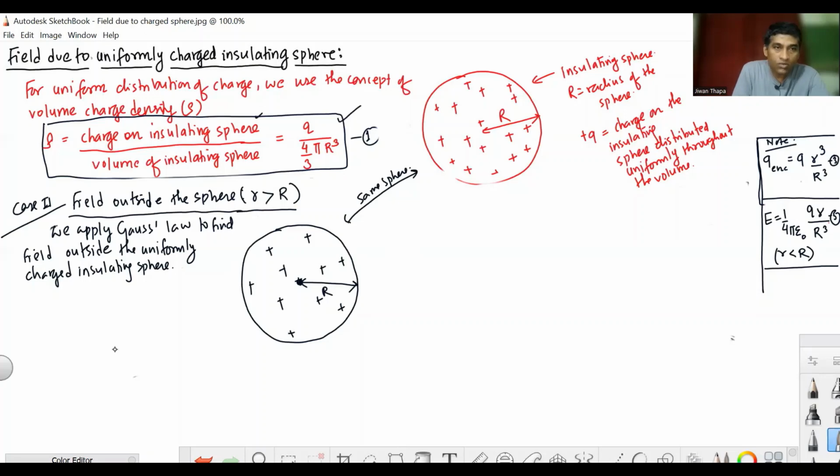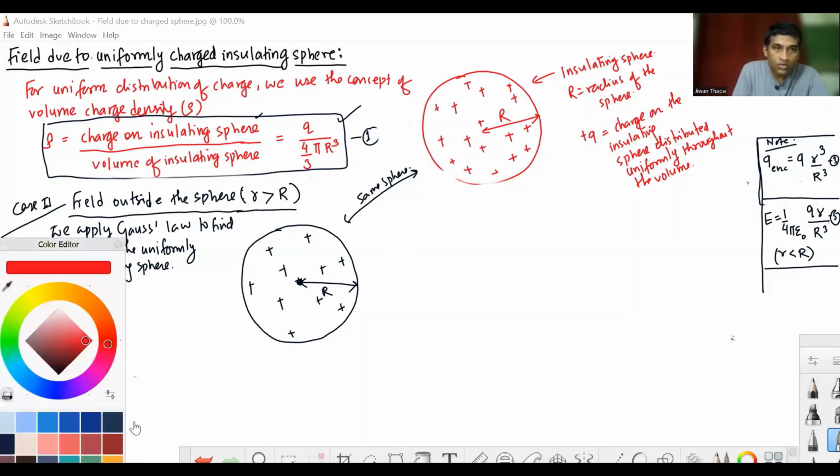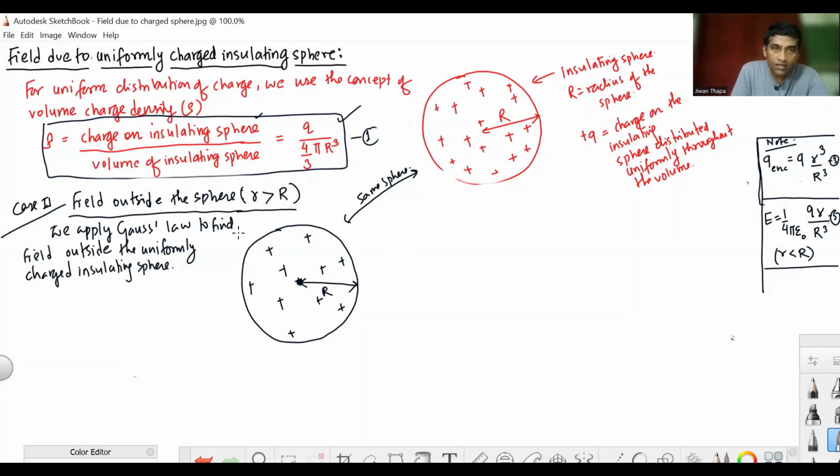For this reason, let us draw a spherical Gaussian surface, which is concentric with the insulating sphere.